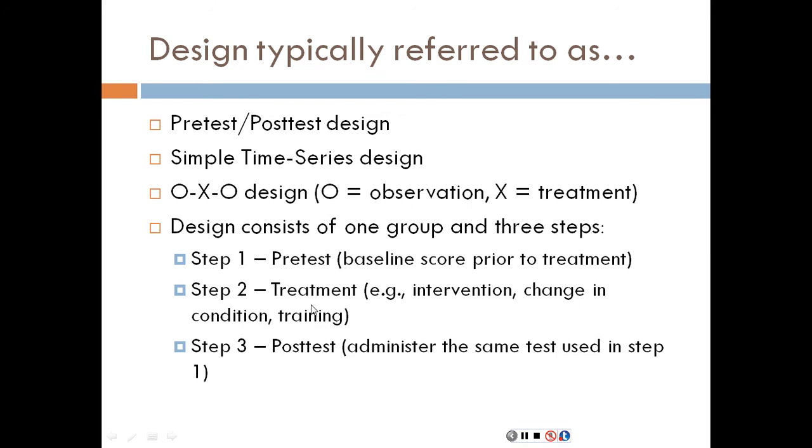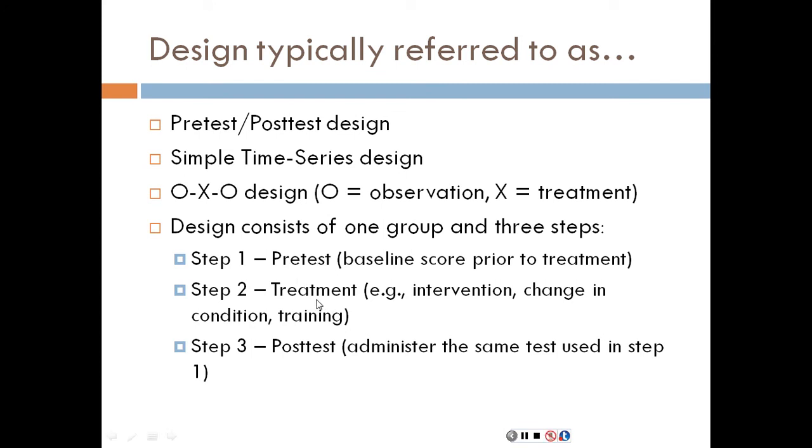Step 2 would be the actual treatment. So that would be the intervention. That could be the ZMath program. That could be a change in the condition, training, what have you. And then step 3 would be the post-test. So you would administer the same test used in step 1. So going back to that same ZMath example, pre-test, I can give them a multiplication test before I begin that ZMath program.